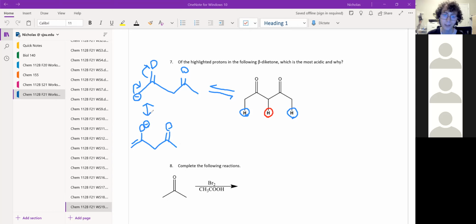We have this resonance form, and then we can do similar stuff by showing the conjugate base for the proton I circled in red. We can show it going towards the carbonyl on the left, just like we did with the conjugate base of the blue one that I showed.